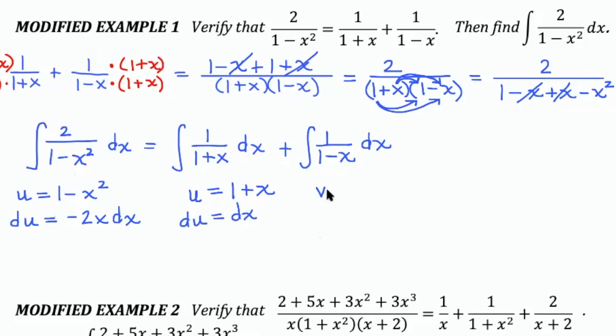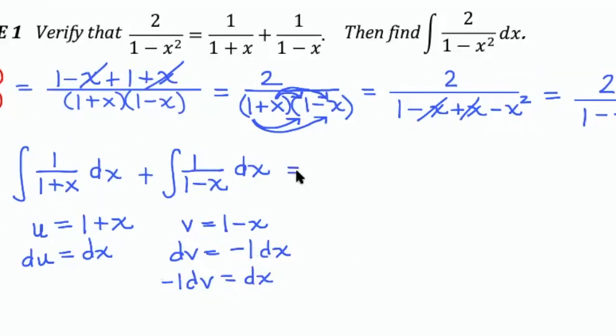I'm doing u substitution, but I don't want to use u again for a different integral. So I'm using v and letting that be my denominator, and then finding my dv, which will be negative 1 dx. And I can move this constant over to the other side, so negative 1 dv equals my dx.